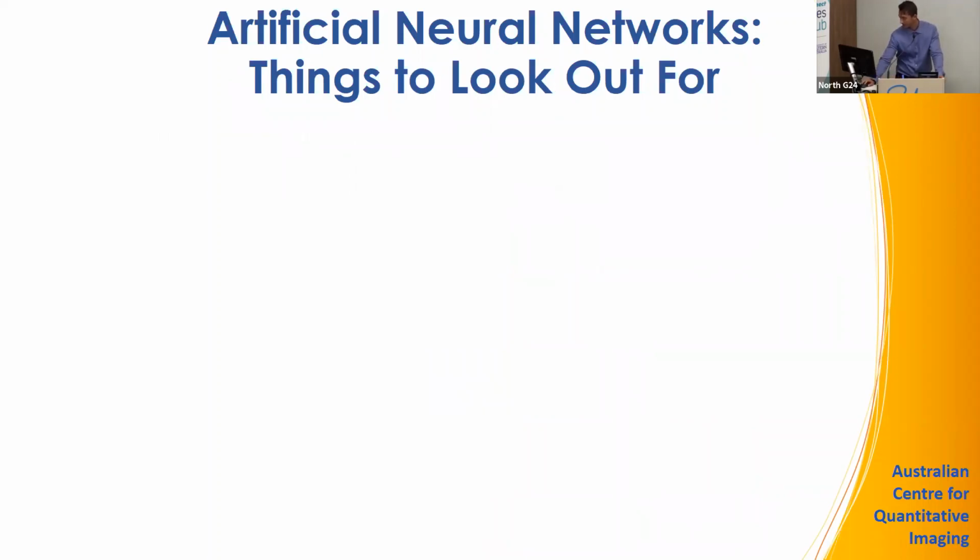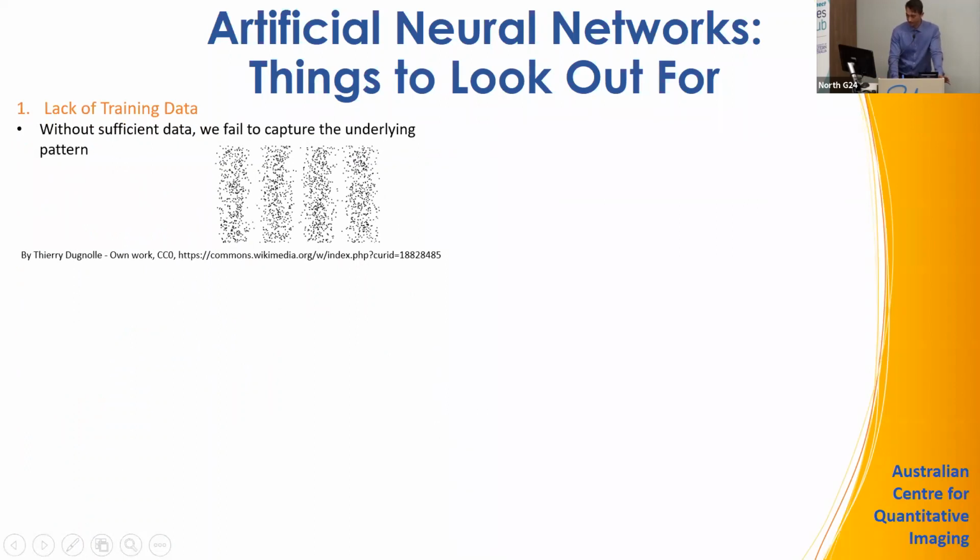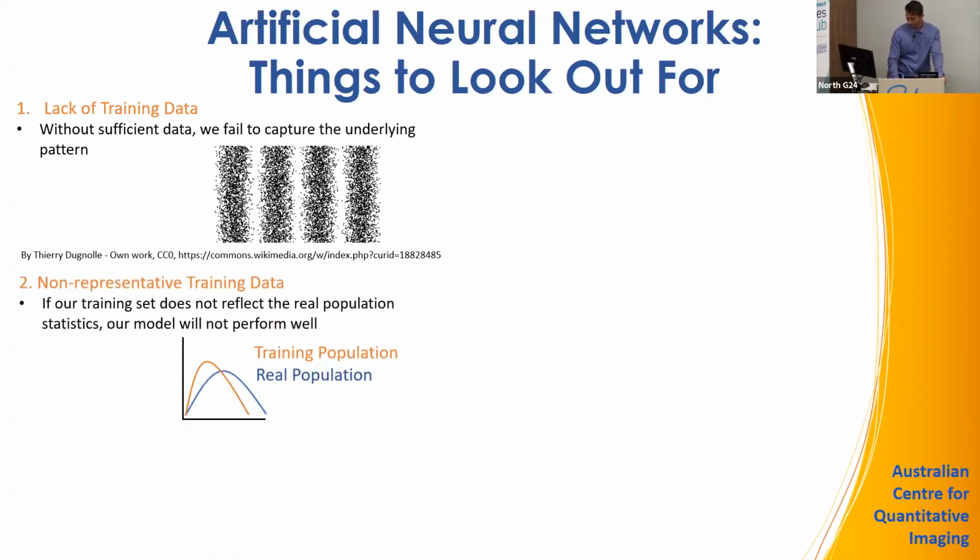So what are some things to look out for? Well, if we have a lack of training data, then we fail to capture the underlying patterns of the data that we're trying to predict on. As we can see from this GIF, the more data we have, the better we can tell how that data structure is represented. Furthermore, if our training data is non-representative, then it will not reflect the real population statistics and our model will not perform well.